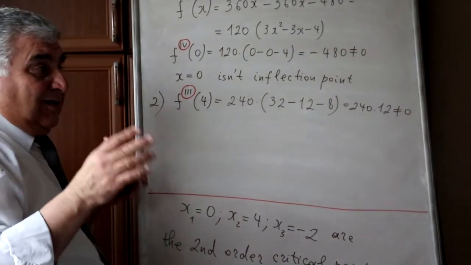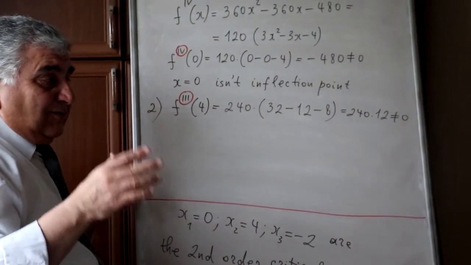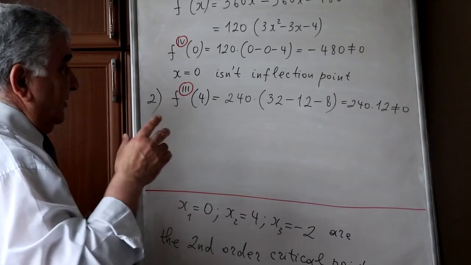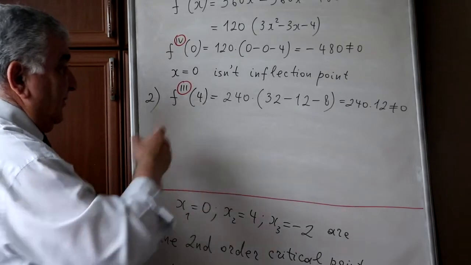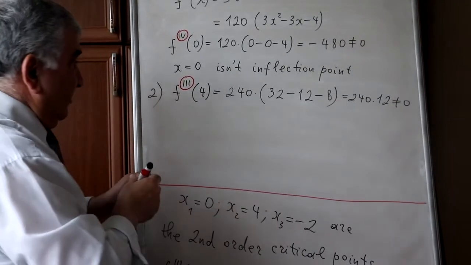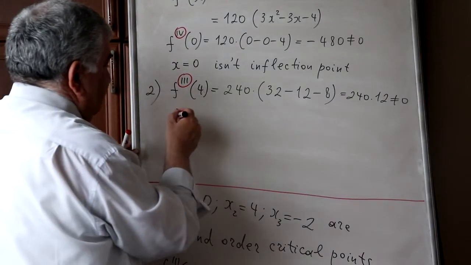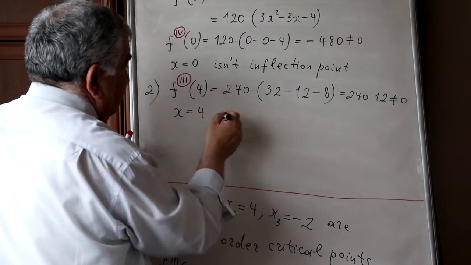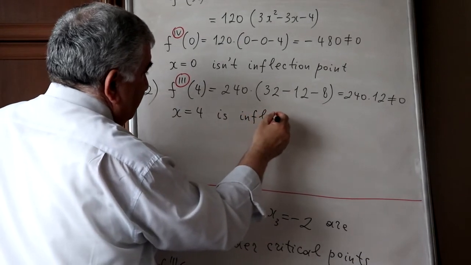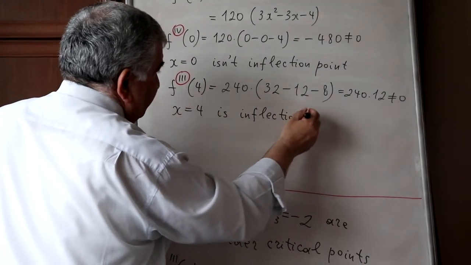It means in this case we have an inflection point, and x equals 4 is the inflection point.